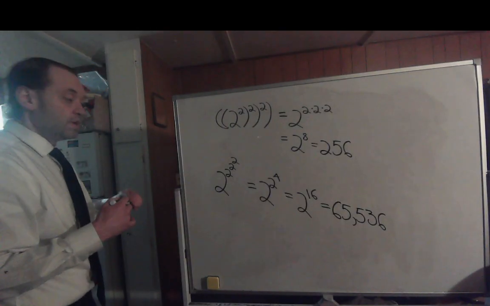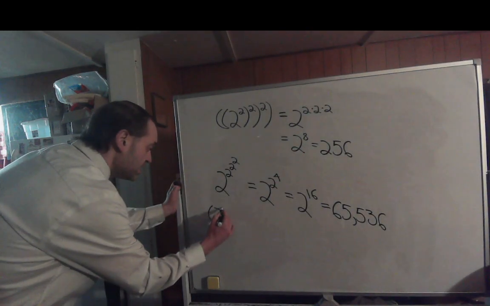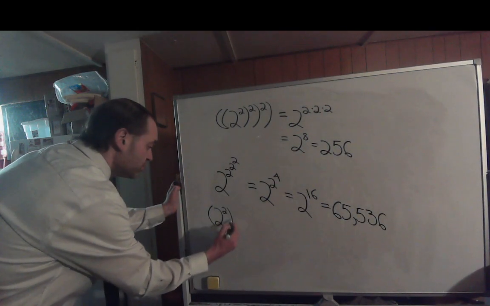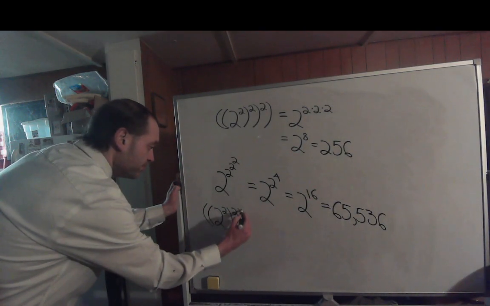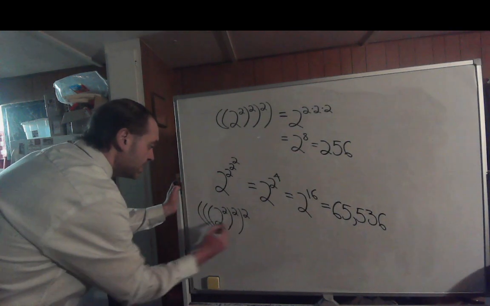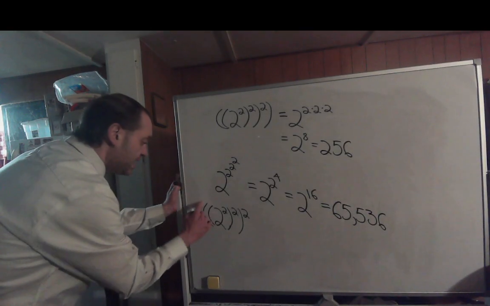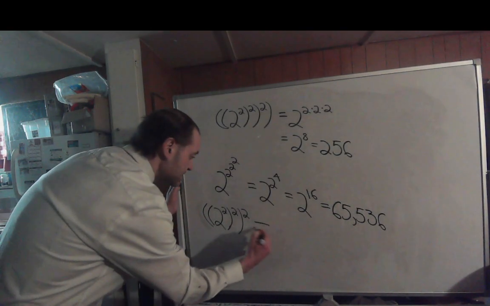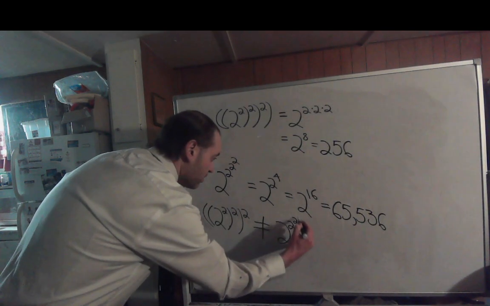So what this should indicate to you is that raising a power to a power in general is not the same as a power tower. It is not equal to a power tower.